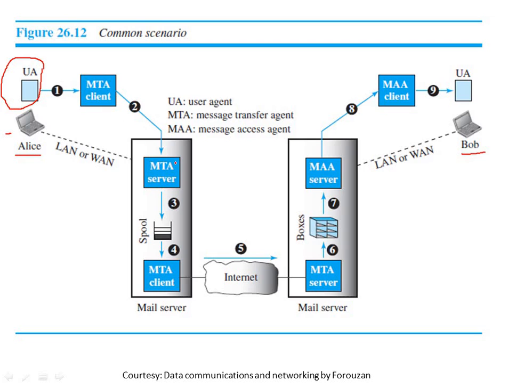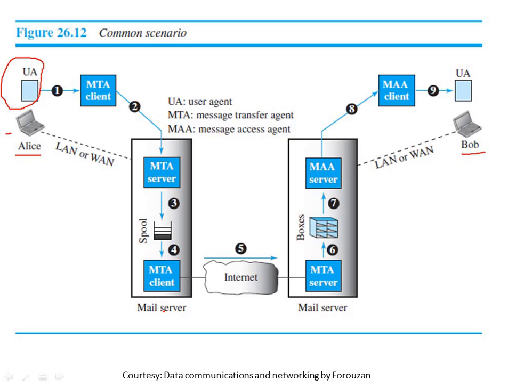Then the MTA server will be there. In this MTA server there will be a spool that stores the messages from the different sources, and this is a store and forward type of service, and this will be sent to the MTA client.